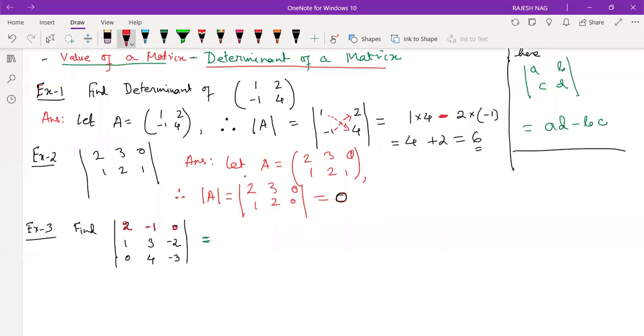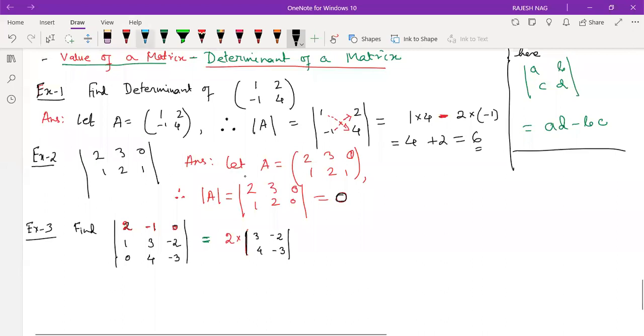Write 2 into the determinant of 3, -2, 4, -3.